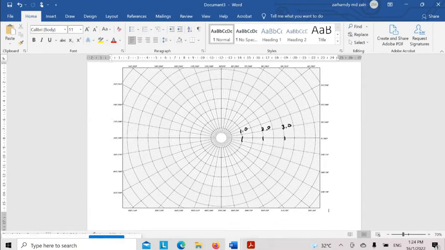Ada lagi? Any suggestion? Kalau we use 0.25, kalau 0.4, 0.8, 1.2 lebih kurang lah, tapi not good selalunya. 2.8, 3.2 okay juga, tapi somewhere here lah.